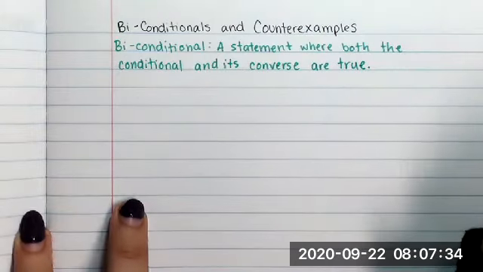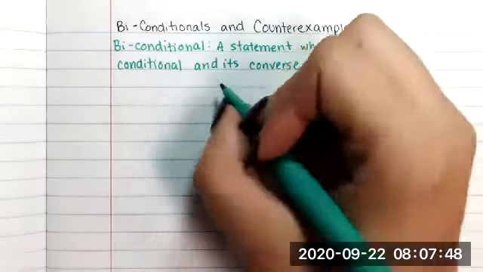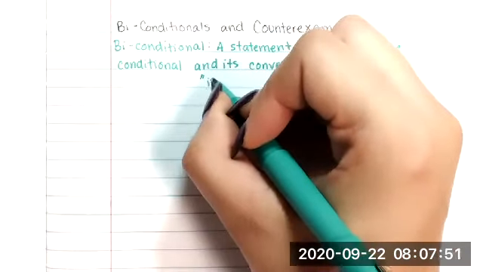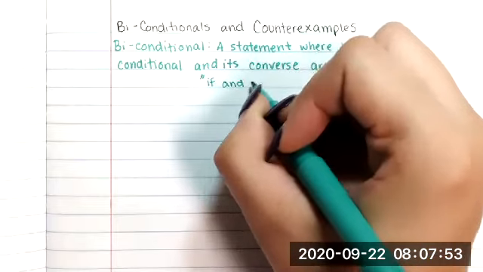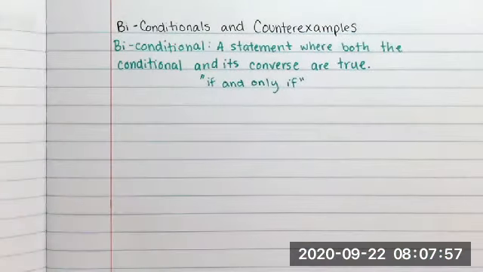It's written in a special form. So a biconditional is not quite a conditional where you write it in if-then form. It's actually written in if and only if form. So if you see if and only if, that's telling you that you're dealing with a biconditional.